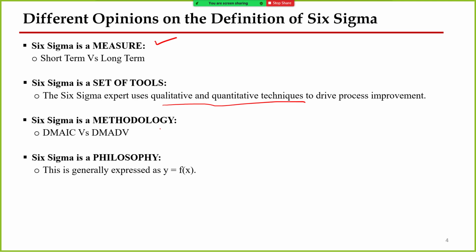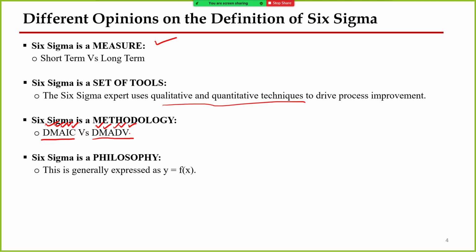When we say Six Sigma is a methodology, most of the time whenever we implement Six Sigma, we use either the DMAIC methodology or the DMADV methodology. What are these methodologies? We will discuss in detail. DMAIC means define, measure, analyze, improve, control. DMADV is define, measure, analyze, design and verify.